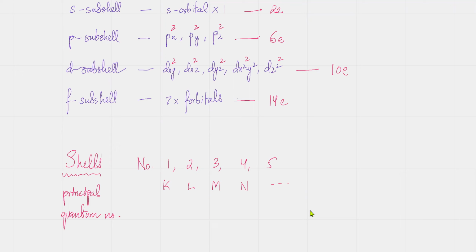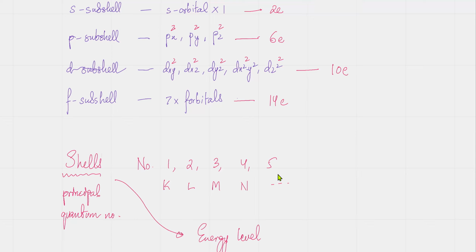Now, the shell is not a real thing. It's not a physical thing. What the shell indicates is that it simply implies energy level. So unlike O levels, it's not a physical thing. It's the energy level. If an electron is in the fifth shell, that means it's very energetic. If the electron is in the first shell, that means it doesn't have a lot of energy.